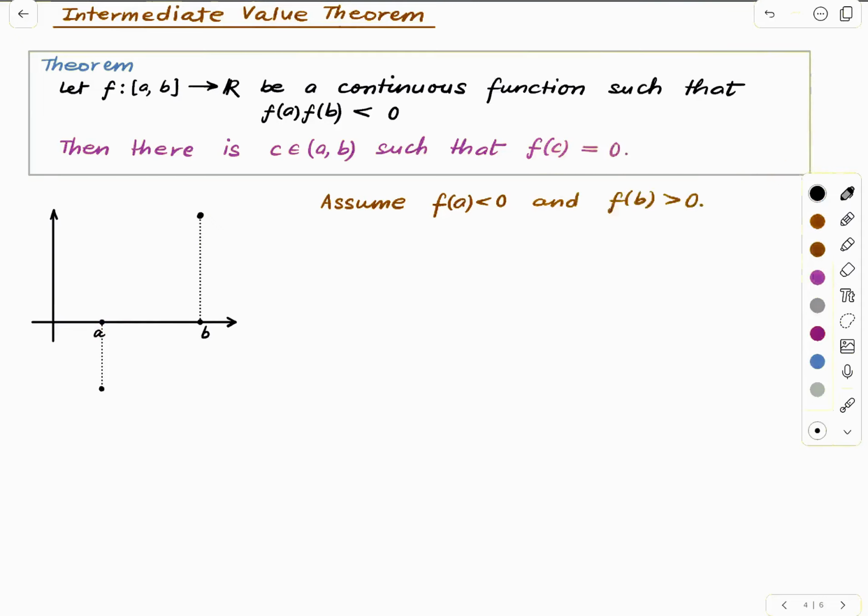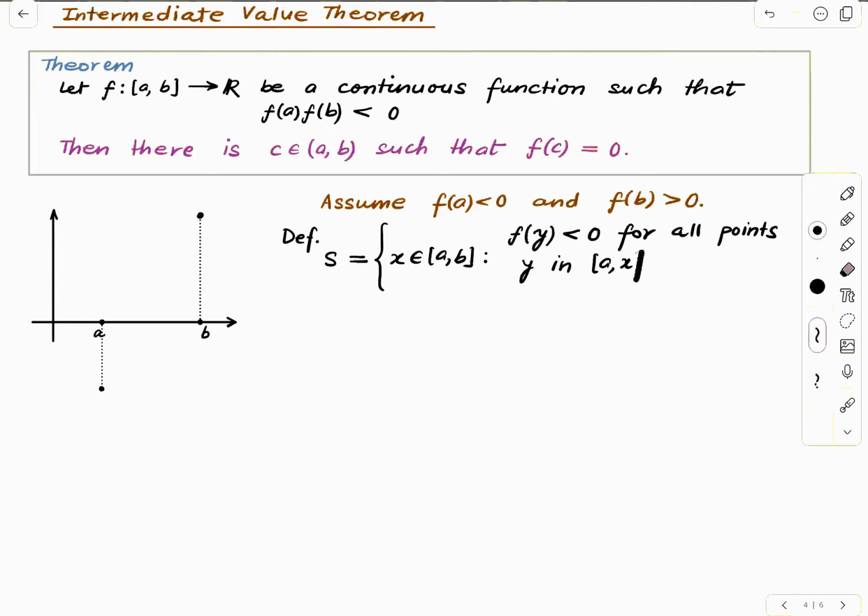Define S as those points x in the interval such that f of y is less than 0 for all points y in [a, x]. Right, that is the definition of the set S.